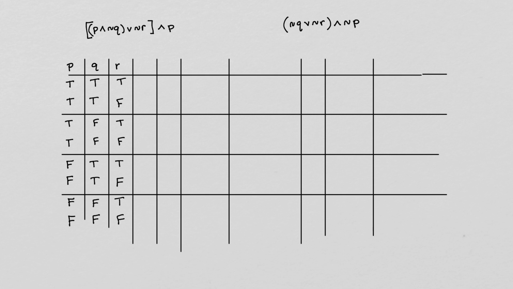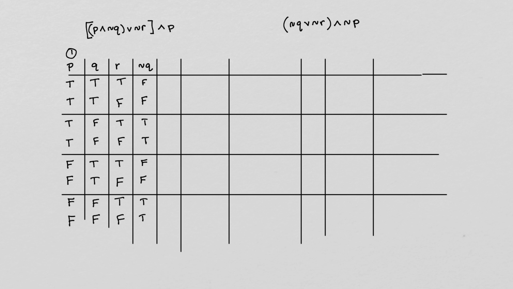And I'm going to look at my statements that I have here. I have a negation of Q, and I'll do that. That will be the negation of column 2. So that's going to be false, false, true, true, false, false, and true, true.